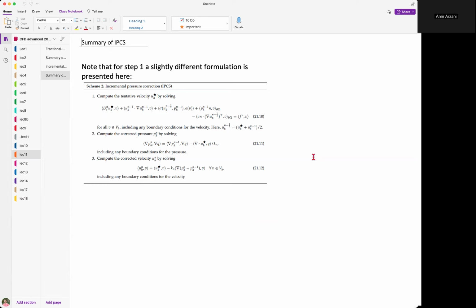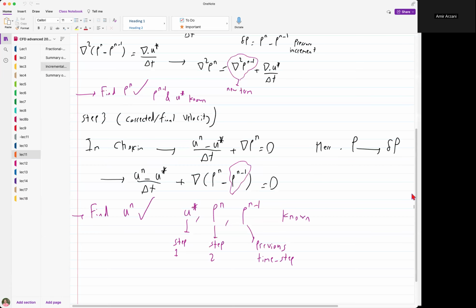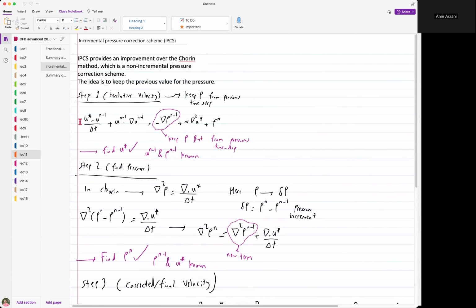And also in Oasis, the software package for doing ICPS with FEniCS, it actually uses a more robust time integration. So here we are just using a simple Euler method for time integration.